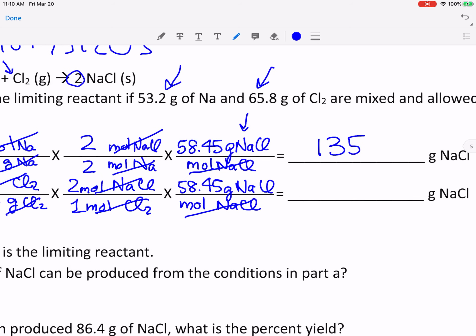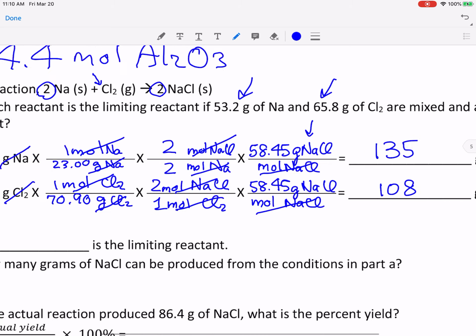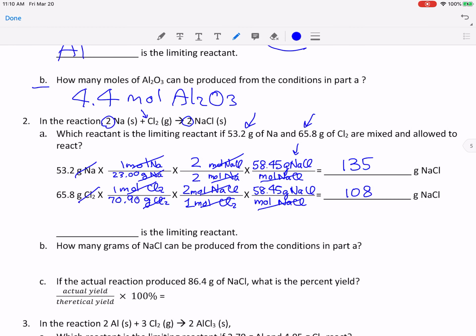Then if you do that, you get 108 as the output answer, and you're going to compare those two to find out which one is the limiting reactant, because the output from the chlorine gas is smaller. Chlorine gas is the limiting reactant.